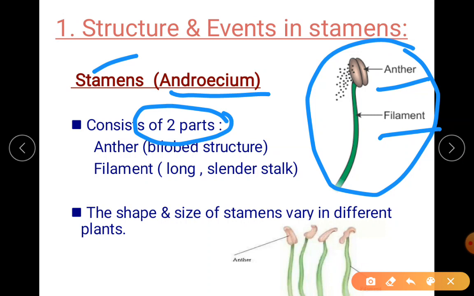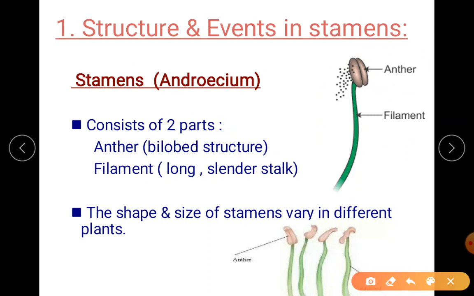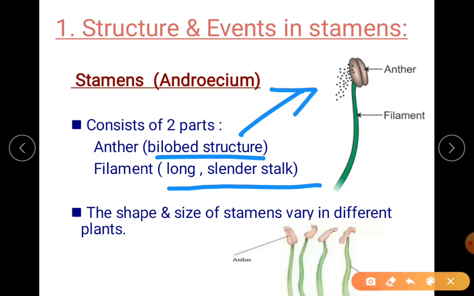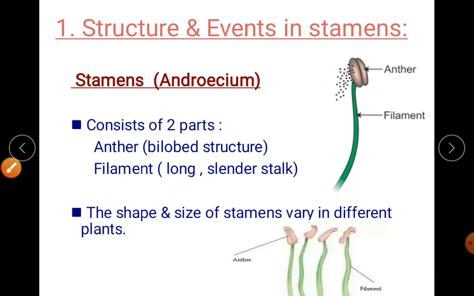And the anther is called a bilobed structure, and filament is called a long slender stalk. Based on the structure, you can compare with the diagram. Whatever the dots which are shown, they are your pollen grains. Don't worry now. If it is asked for 2 marks, you should be able to draw the stamen. The whole structure is stamen.